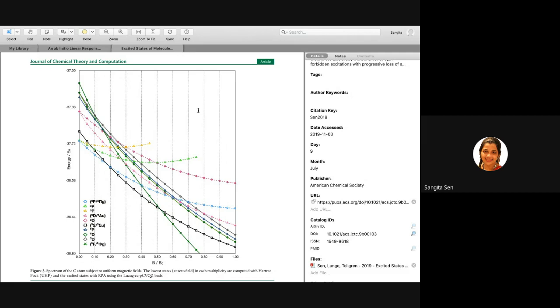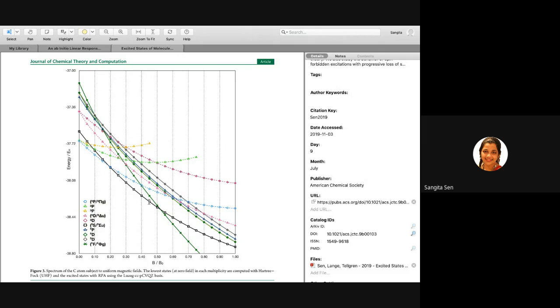So in magnetic fields, these crisscrossings are very, very large, and often it's difficult to know which one is the ground state at what point. So normally, most studies just focus on the zero field ground state. When they're talking about ground state, excited state, etc., in a field, the ordering of the states is as it was in the zero field situation.